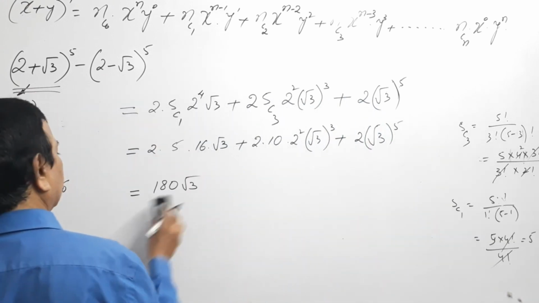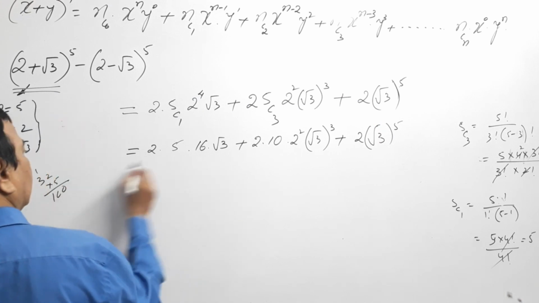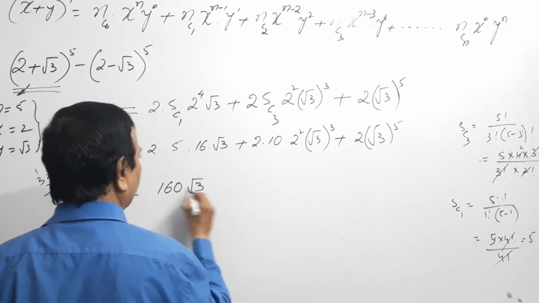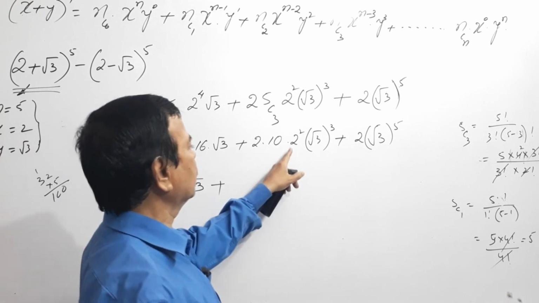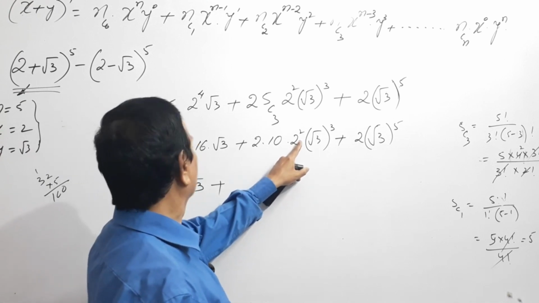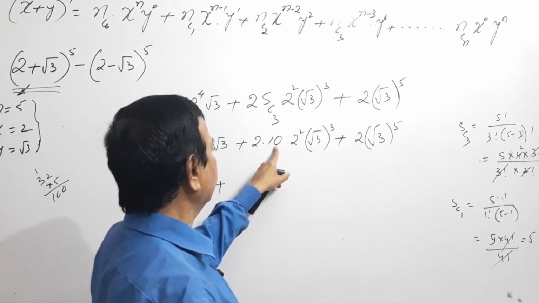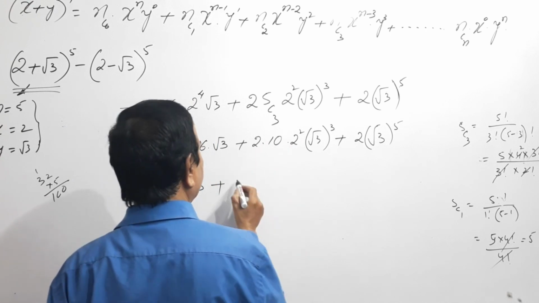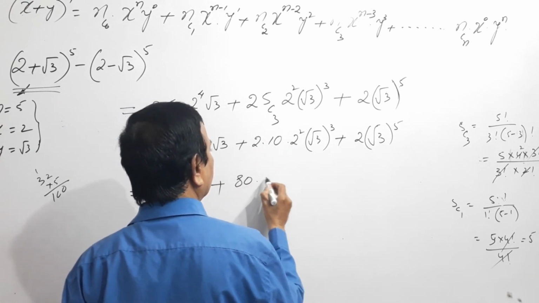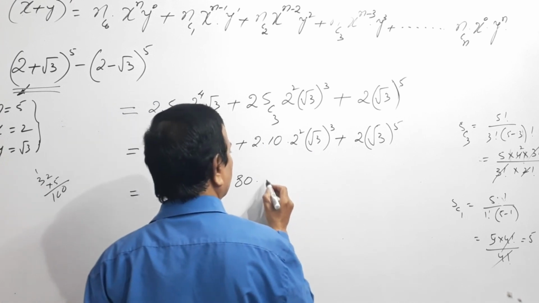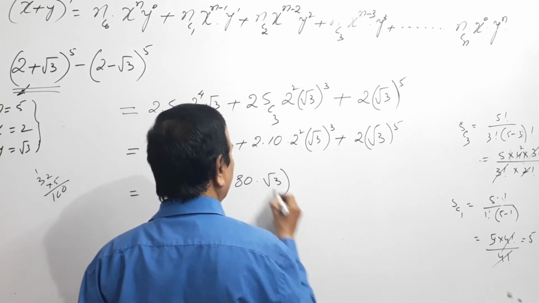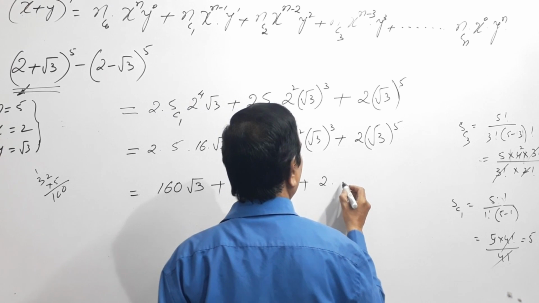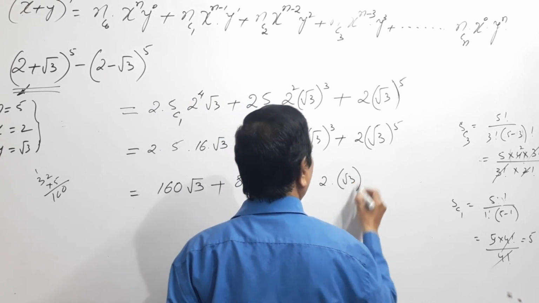60, 32 into 5, 160, this is 160 root 3 plus this is 2 2s are 4, 4 2s are 8, 8 into 10 is 80 into root 3 the whole cube plus this becomes 2 into root 3 to the power of 5.